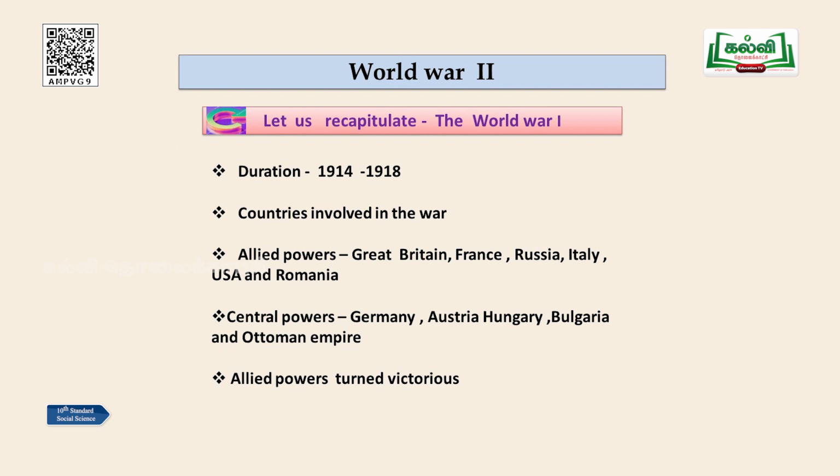These countries together are known as Allied powers. Next come the Central powers. The countries are Germany, Austria-Hungary, Bulgaria and Ottoman Empire.